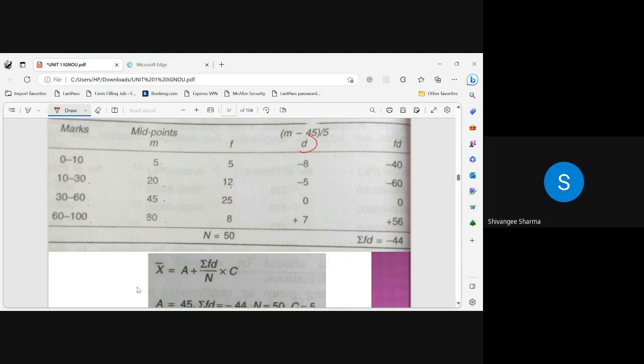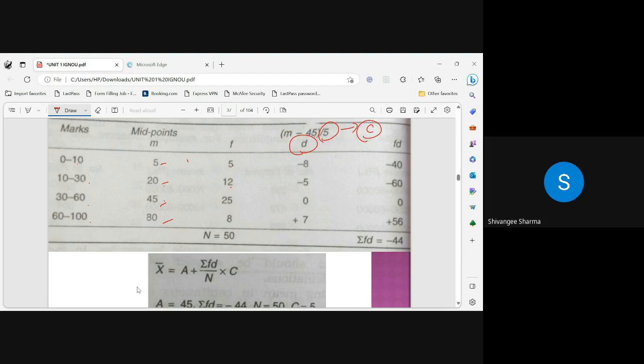Now here comes the deviation. If from 5, 20, 45, and 80 we take 5 common, right? This will become 1, 4, 9 and so on. So we take this 5 common, and here this C will be 5. Now m minus 45 is the deviation, and we divide it by 5 also.